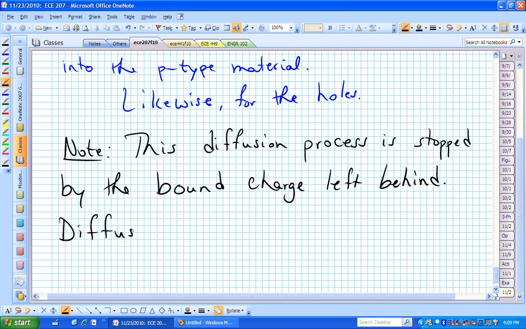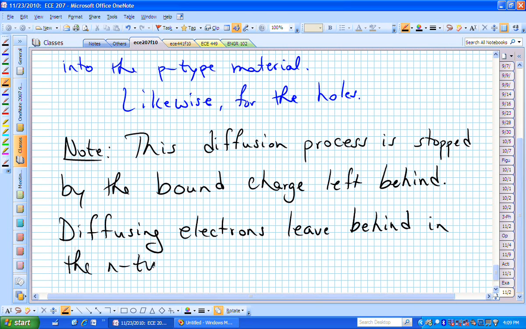Now let's just talk about what is left behind. For the electrons, those diffusing electrons leave behind, inside the n-type material, if those were on the right and the electrons are trying to go to the left, once they've left the n-type material near this p-n junction, protons, which you can think of as holes.